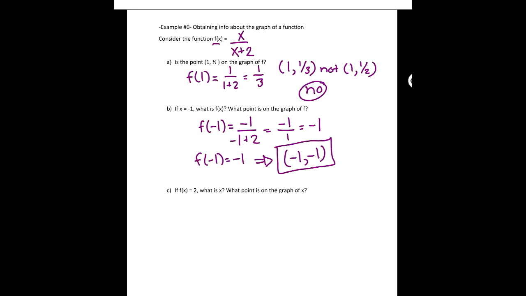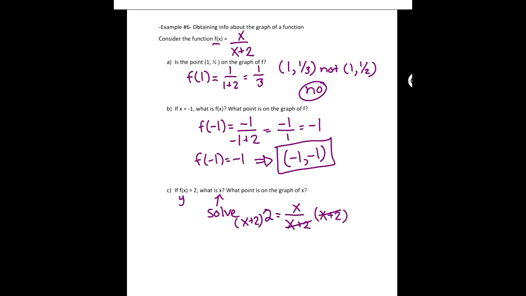And now if f of x is 2, what is x? So it's saying y is 2, what is x? So I need to solve for x. So I have 2 equals x over x plus 2. So I don't want it to be rational, so I'm going to multiply both sides by x plus 2.